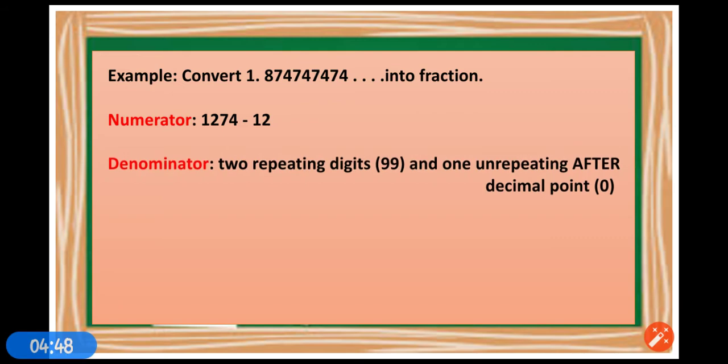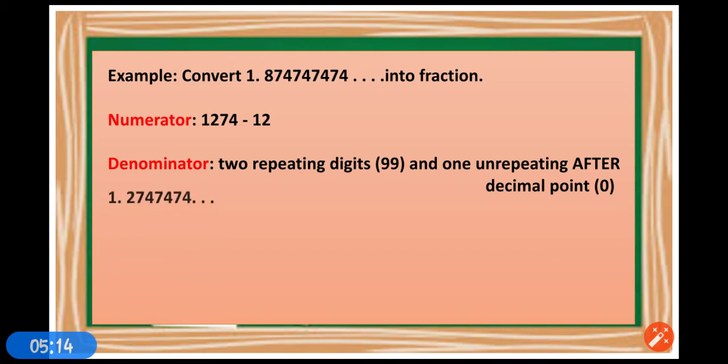Next is the denominator. Since you have 2 digits repeating, that's 74, so that's 2 nines. And we only have one unrepeating digit after the decimal point. That's your 2. So that's equivalent to 1 zero.